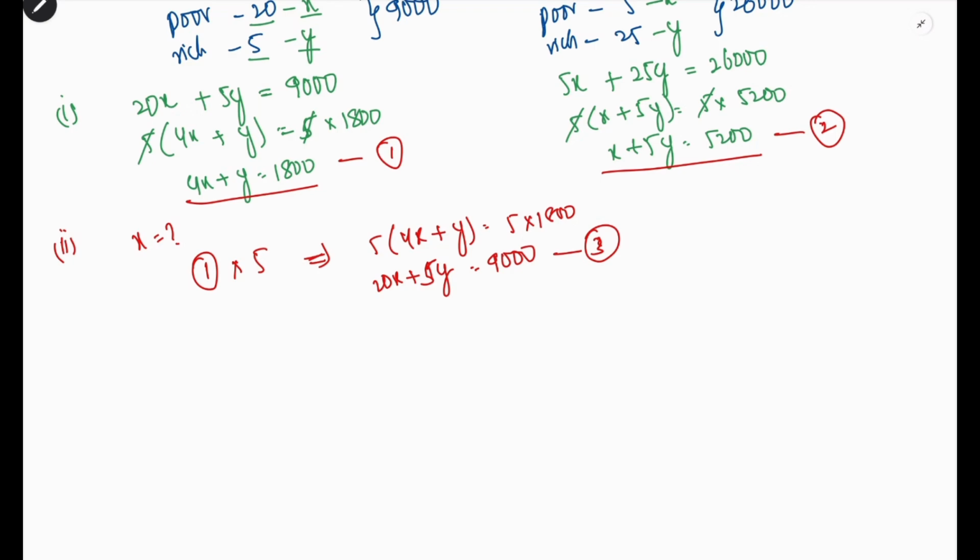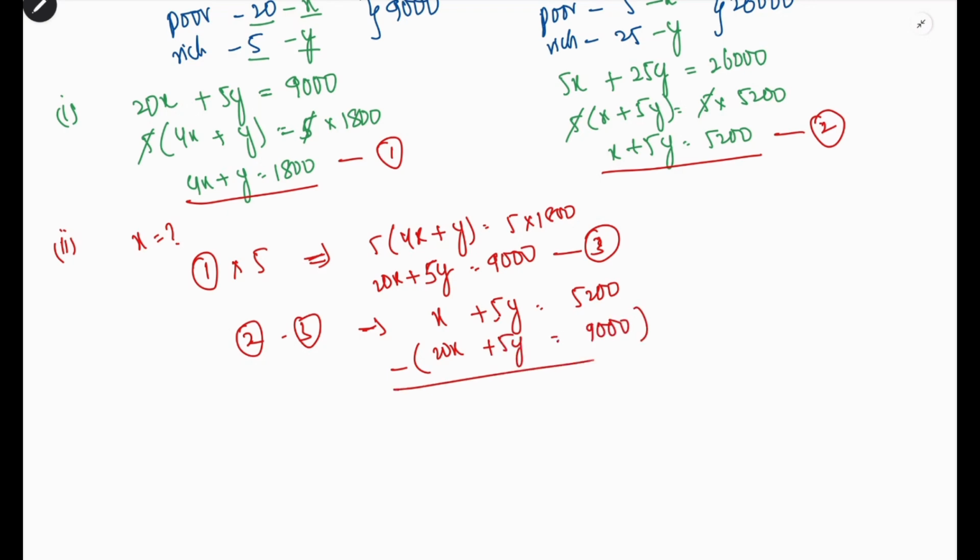Now we will subtract the third equation from the second. We get x plus 5y is equal to 5200 minus 20x plus 5y is equal to 9000.